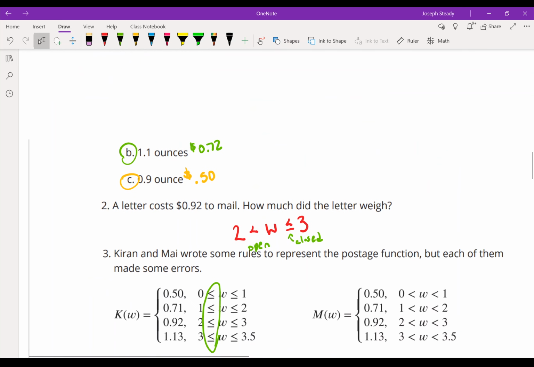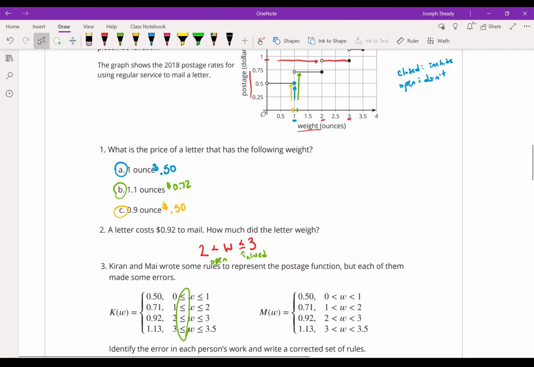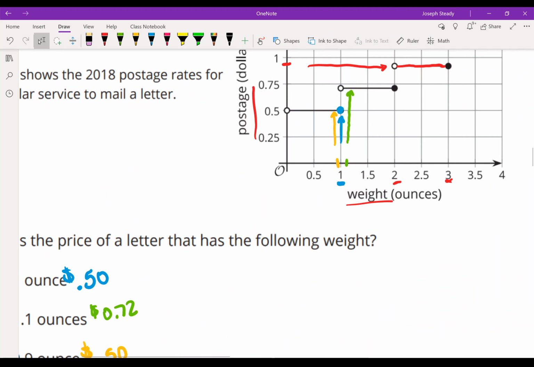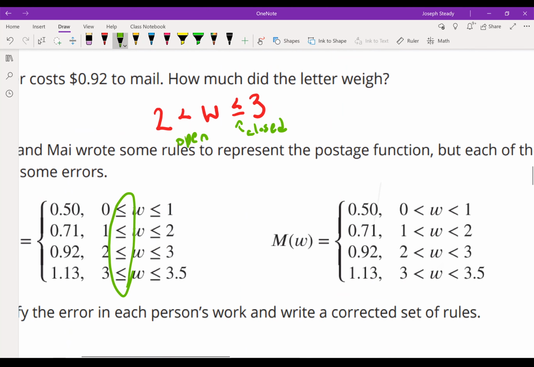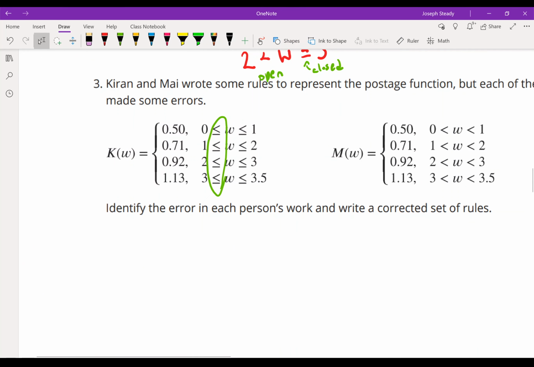So if we come back up here, let's look at 50 cents. 50 cents, this line right here, does not include 0 weight, which means that all of these are wrong.